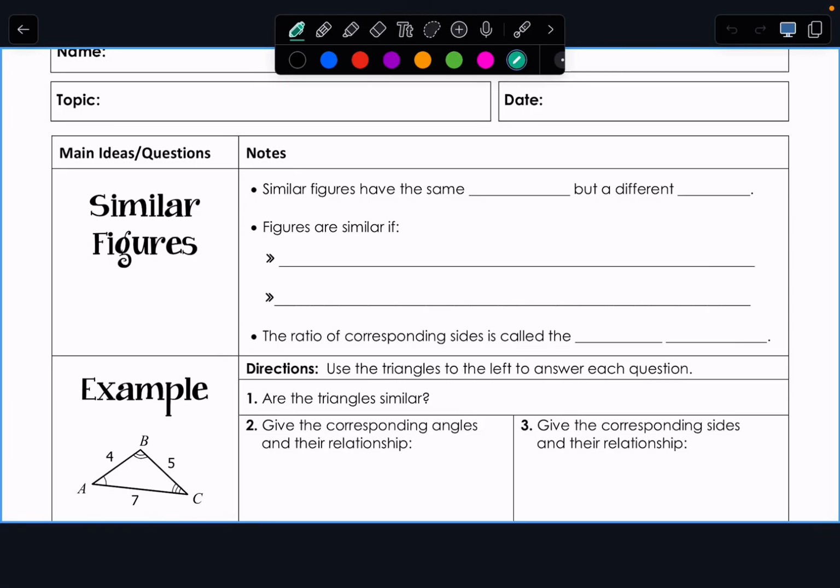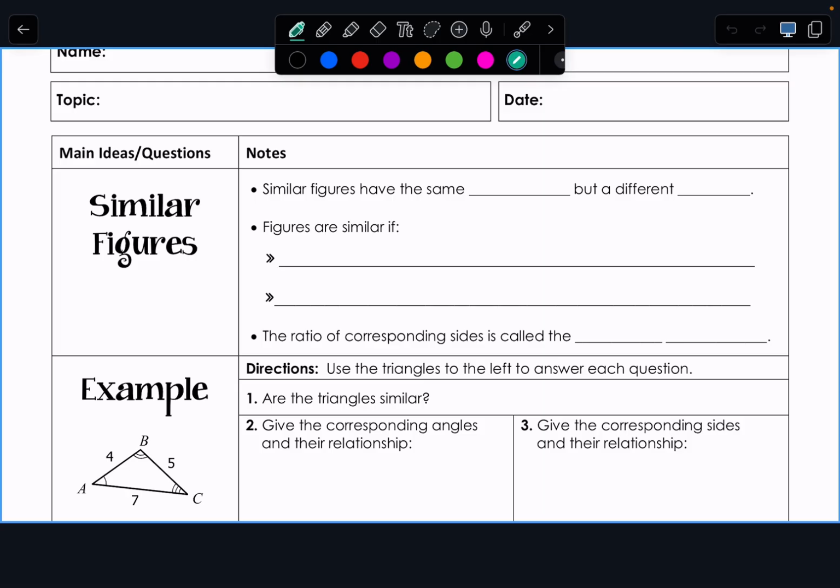Okay, so the quiz that I just handed back to you was all about congruent figures. And we know that figures are congruent if they are the same shape and the same size. Okay.